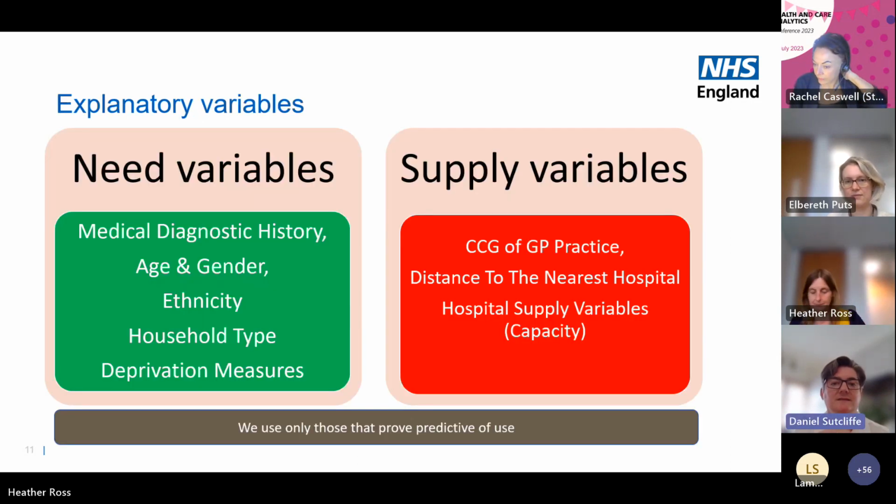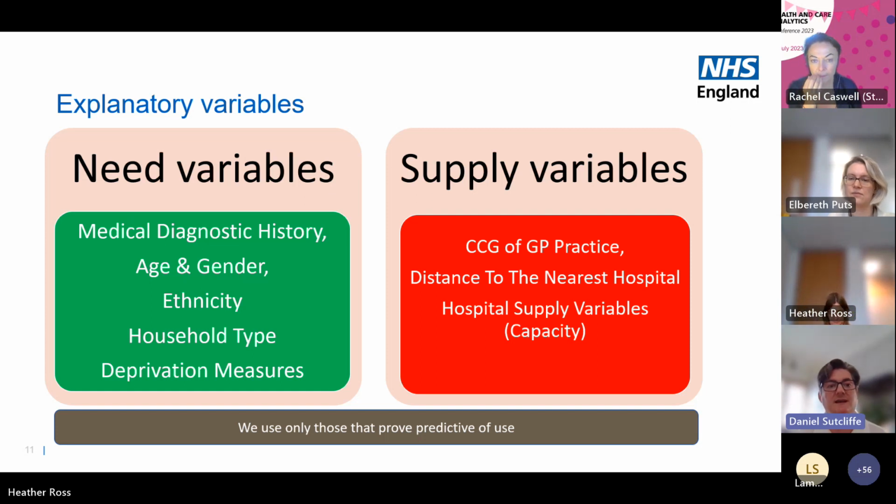So we have two sets of explanatory variables. Having developed our dependent variable, we now need to develop our independent variables, and we tend to split them into two types, although there is some overlap in some of these. So in terms of need variables, so drivers of need, we look at previous diagnostic history, we look at age and sex, ethnicity. We can also develop variables based on household types.